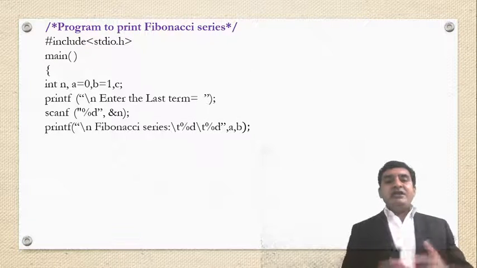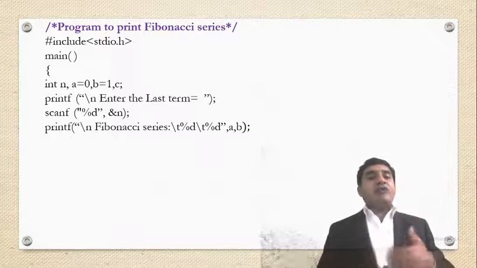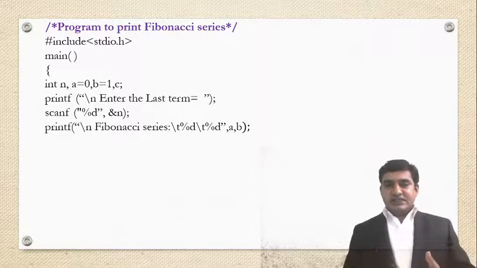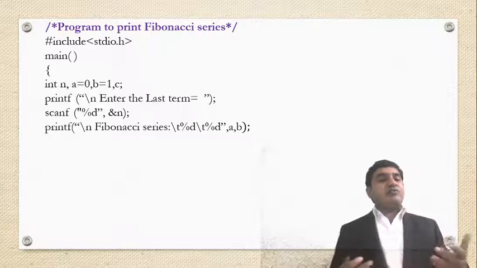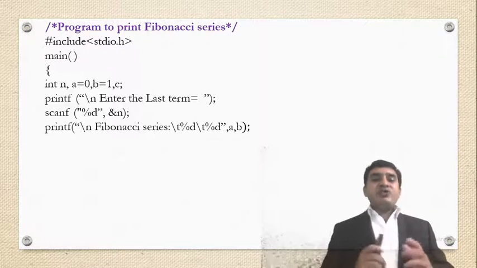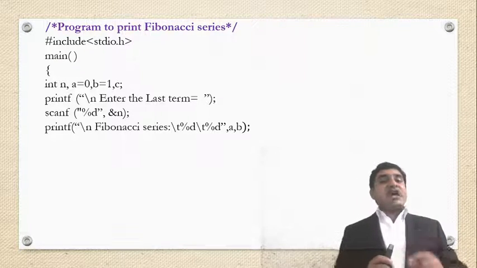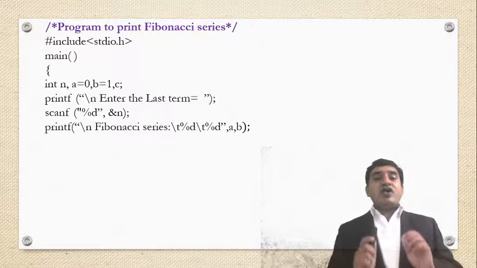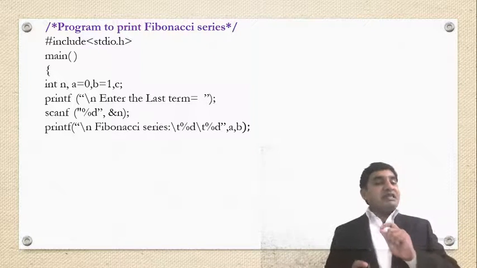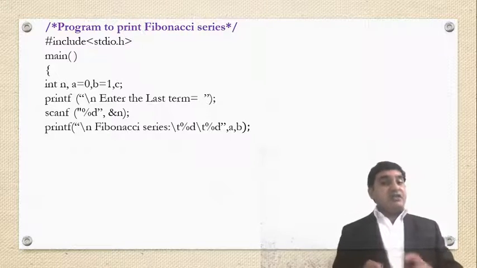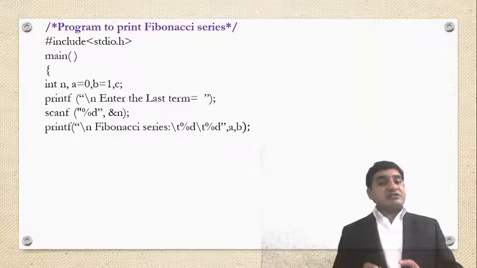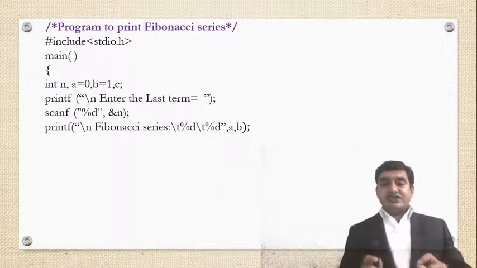Now we have to print the Fibonacci series. For that we use the output function printf, "Fibonacci series\t". Slash t indicates a horizontal tab. %d, because our first term a is an integer.